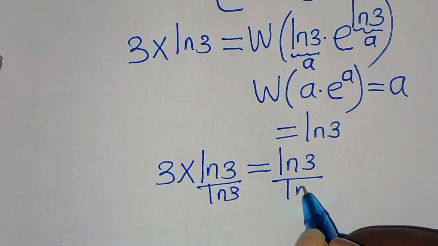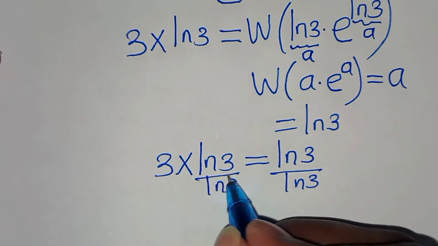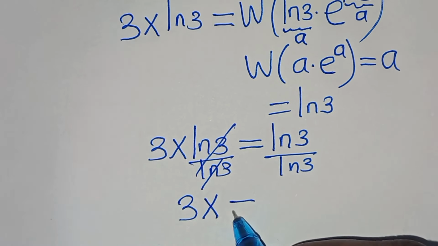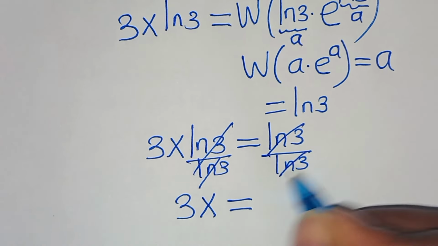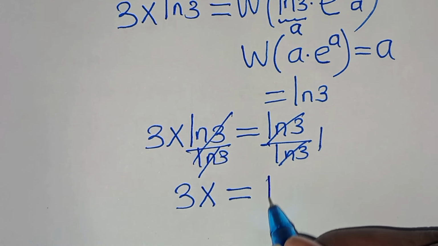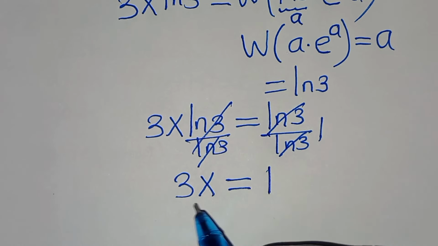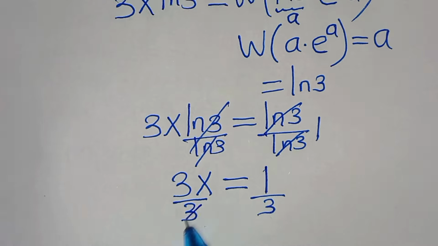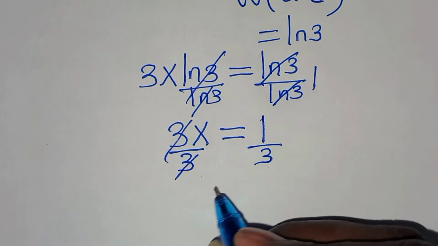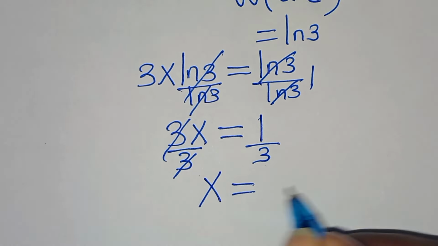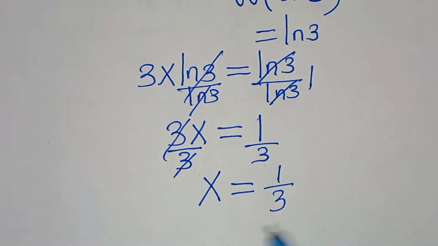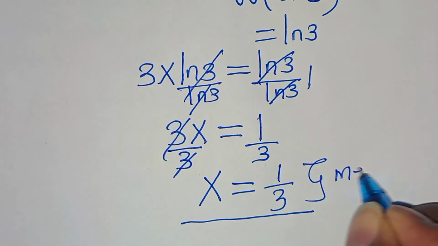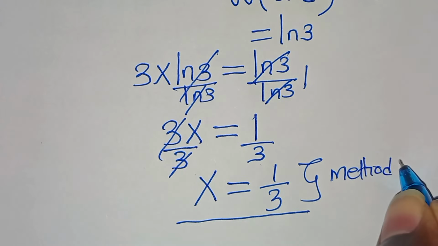If you simplify, we have 3x equal to ln of 3 over ln of 3, which is the same thing as 1. So let's divide both sides by 3, so that we have the value of x equal to 1 over 3. This is the value of x by applying method 1.